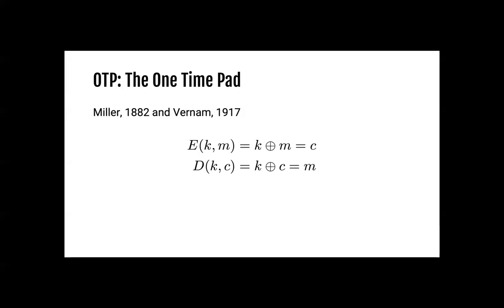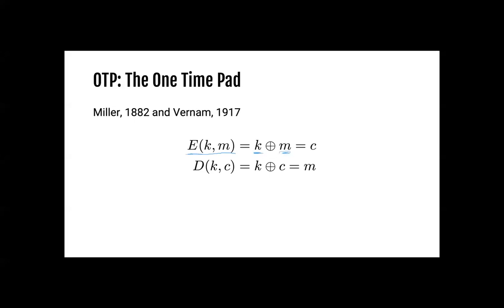The way it works is very simple, very similar to stream cipher. I would say that modern stream ciphers are actually inspired by OTP, the one-time pad. The encryption output, the ciphertext, is always equal to the XOR of the key and the message.